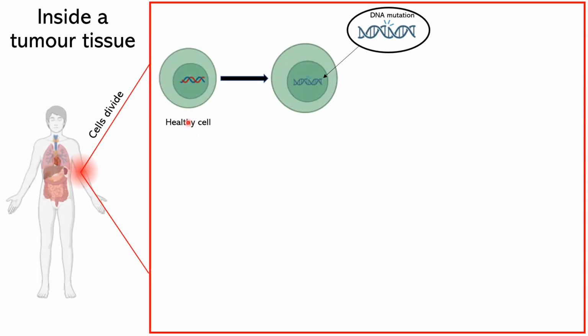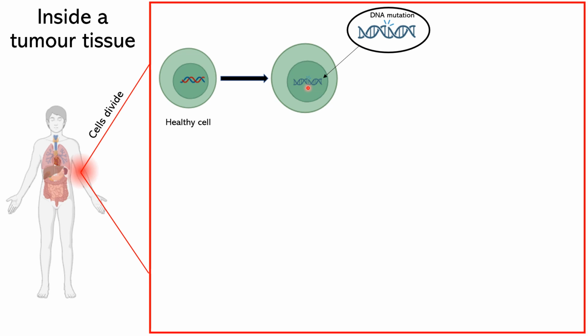So the question is, what exactly happens within the tumor tissue? Before becoming a tumor tissue, we would have a healthy tissue, as we showed in the previous slide. After that, some kind of DNA damage or mutation will happen to the DNA, and this mutation will not be repaired by the repairing mechanisms within the cell, because our cells are gaining mutations all the time, every day.